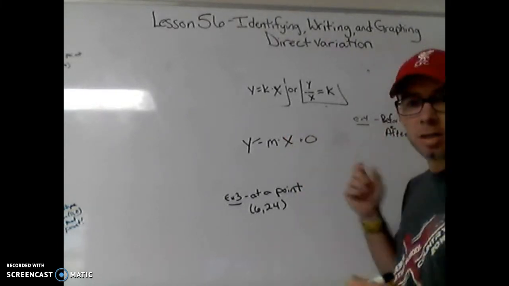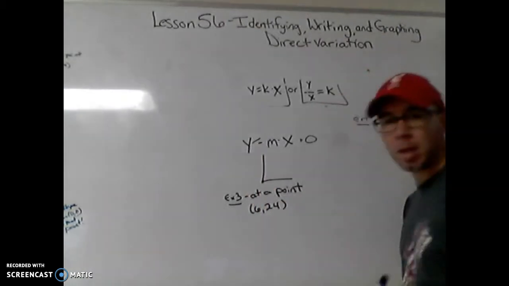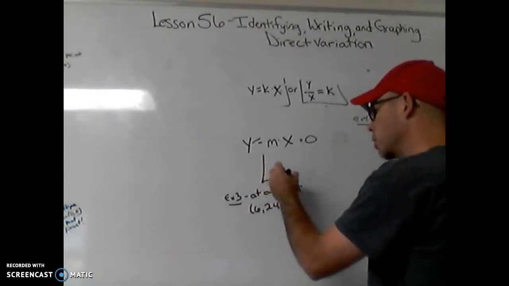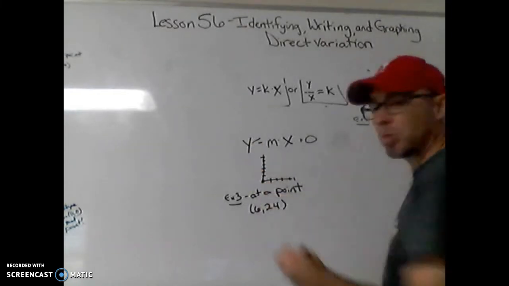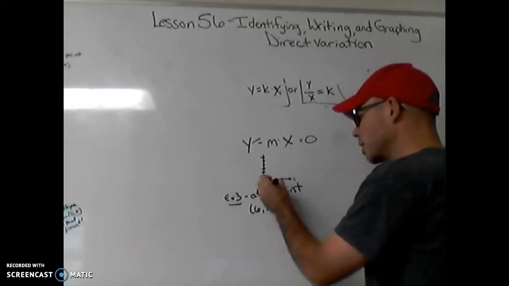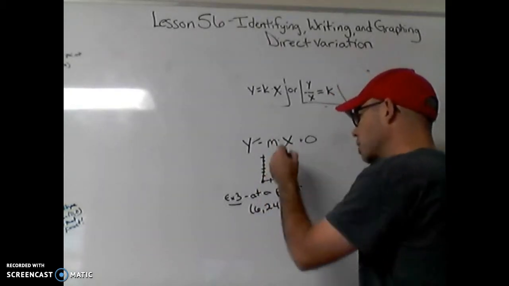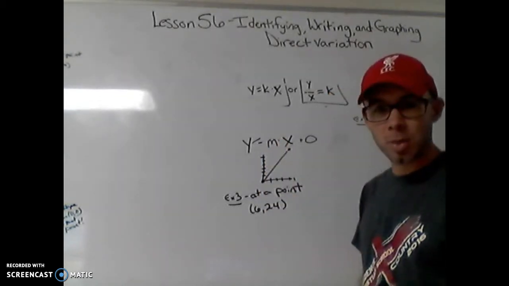That means that it starts at the origin. If I'm going to graph it, it has to start right there. And x will increase this way, and y will increase that way. But this is one fixed point that's always on your graph. So if we go to 6, 24, it'll be somewhere way up here, and make a straight line between them.